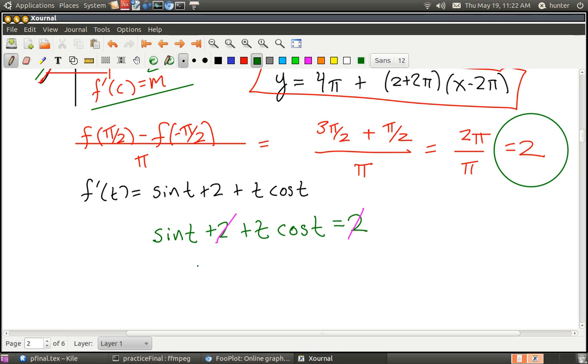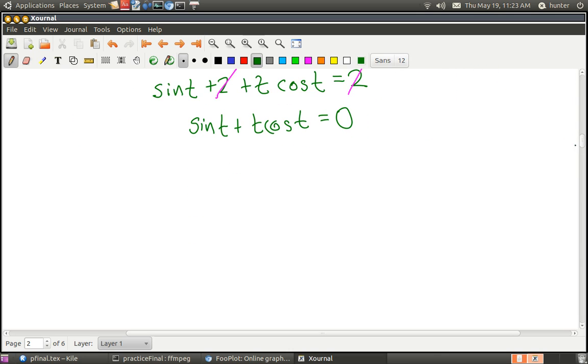And what I get then is sine t plus t cosine t is equal to 0. There's a lot of t's there, which is a little bit scary, but if you just think about it, you know a solution to this, right? What happens when you plug in something normal for a trig function, like pi or 0? You should try those things.